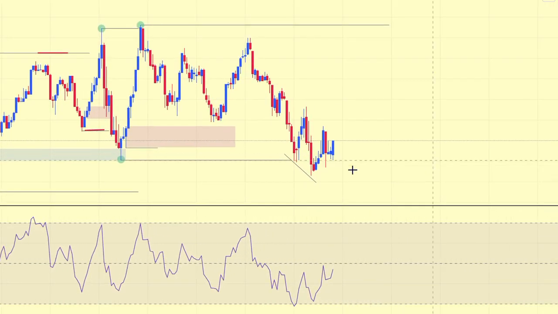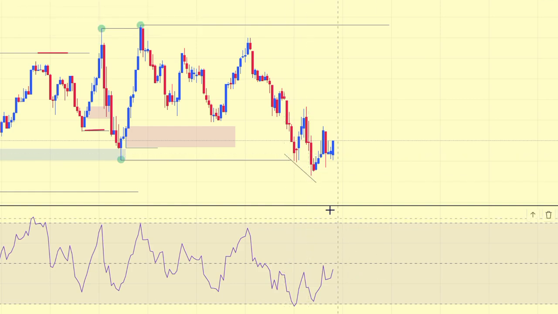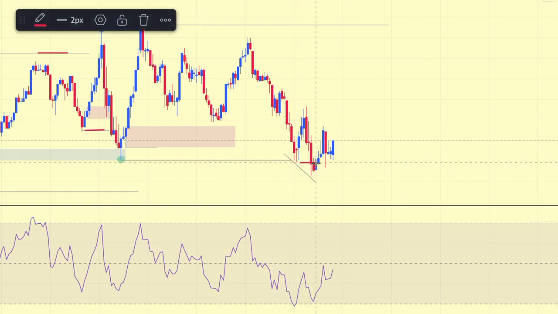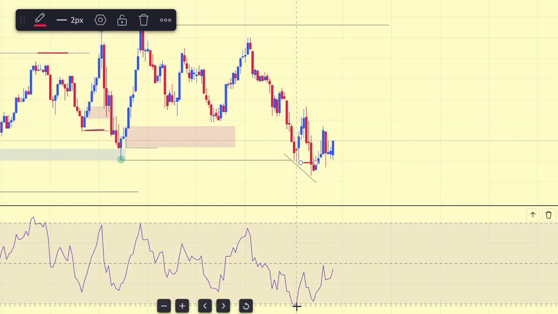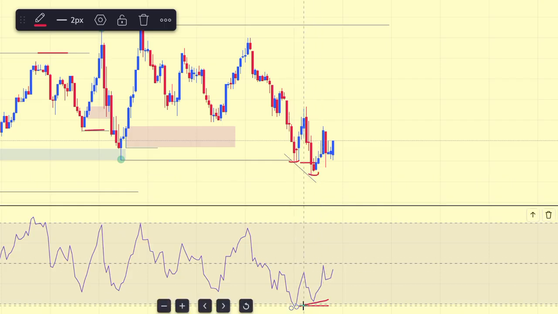So now let's introduce our RSI, and you can clearly see price was making a lower low. This is a lower low on the price, but on the RSI it's a higher high. If we check this low and this low, that's a lower low, and on the RSI this low and this low, that's a higher high.